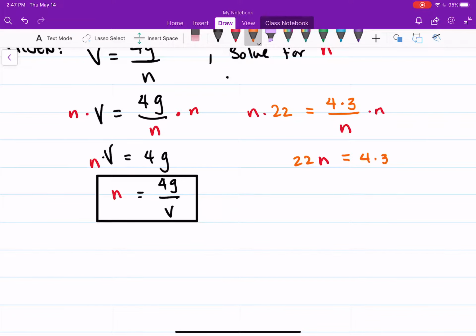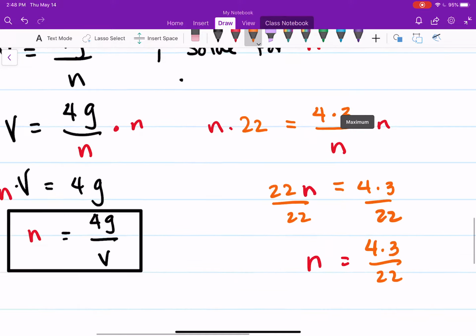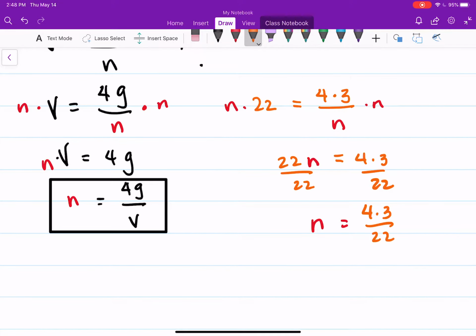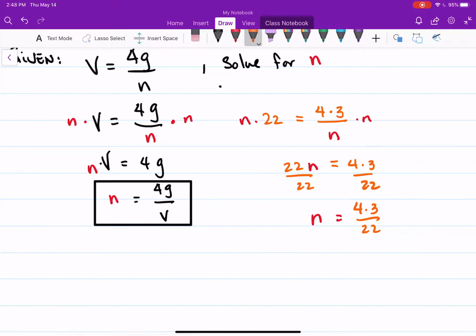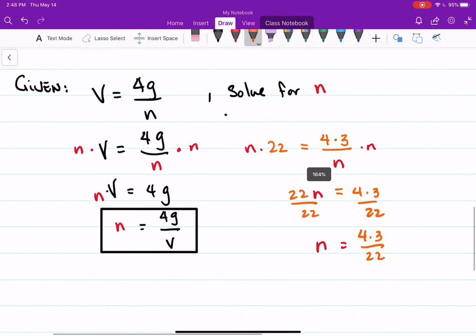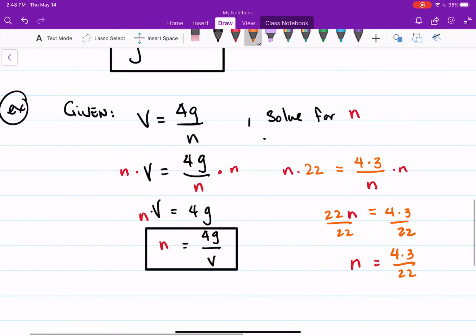And then I would just divide off the 22. And then I have n equals 4 times 3 over 22. Same exact idea. So the g I called 3, so there's your 3. The v I called 22, and there's your 22, and it's still the same thing. So same idea as if I was doing it with numbers. The only variable that I want to leave as a variable is whatever I have to solve for.